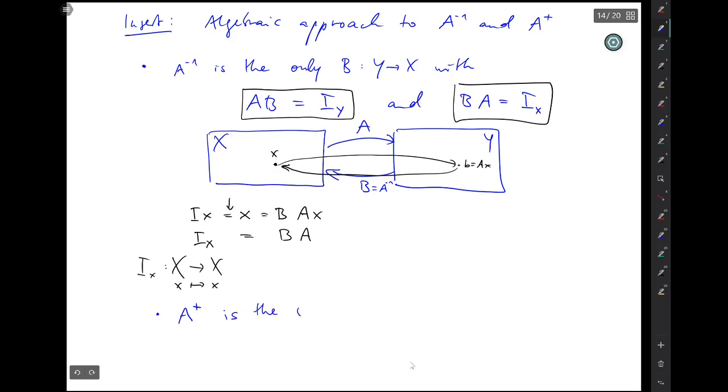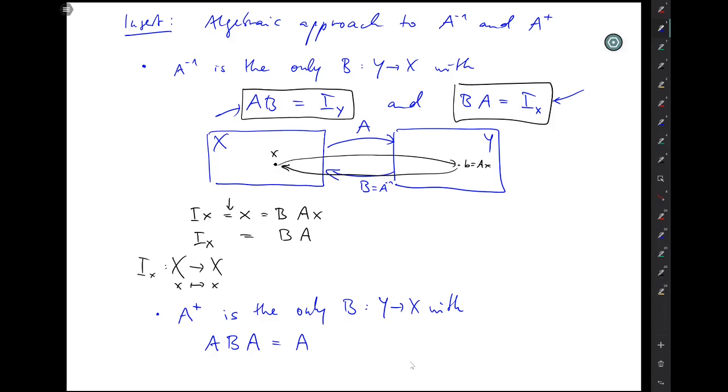You would say this is the only B from Y to X with, okay, and now you cannot start like you did before, because there will be no B with this property, or maybe there will be no B with that property, so you have to write down somehow weaker versions of these, and they look like this. You would say, if I take AB, I want this to be I, but maybe it doesn't quite work. If I multiply it by A again, then it should be A.